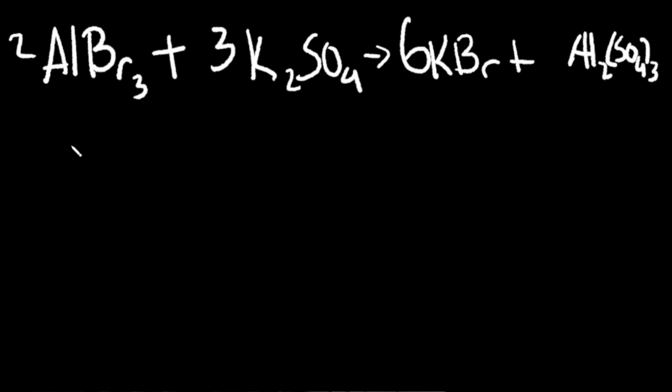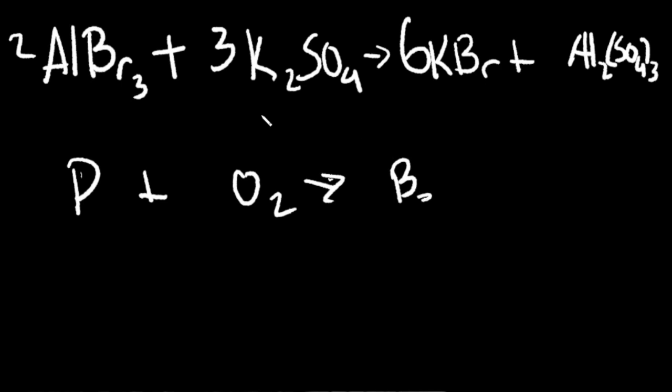So for our next equation, we have phosphorus plus diatomic oxygen, which is O2. It goes into diphosphorus pentaoxide.